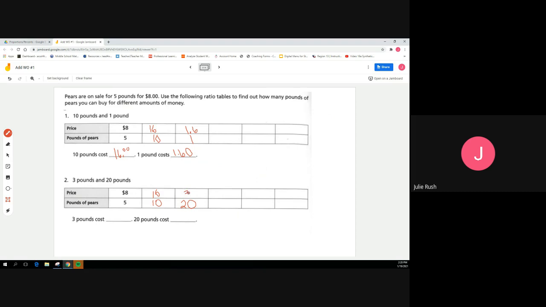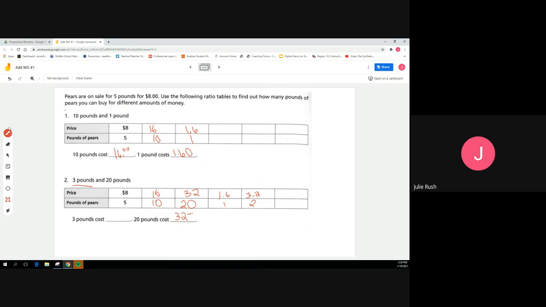And so 20 pounds of pears cost $32. And then we have to find out how much 3 pounds of pears will cost. So I went down to my 1.6 for 1, doubled it because it's easy for me to double, and I got 3.2 because double 16 is 32.